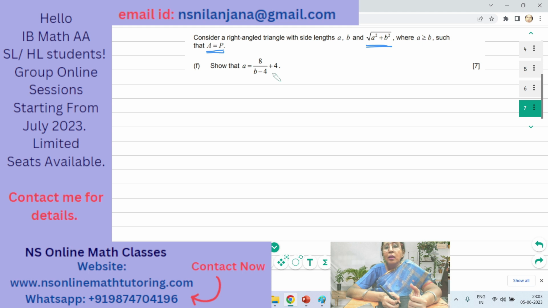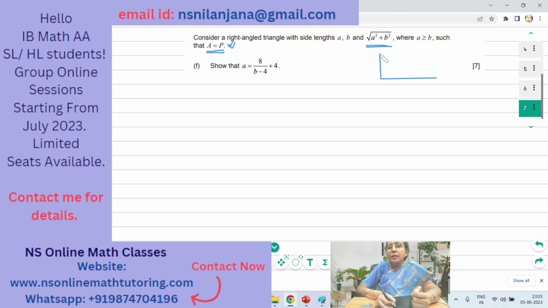Okay. Where to start? We are having only this condition, so let us start with this condition. This is the only equation that we are having. Fine. So it is a right angle triangle. So what type of a triangle will it be?